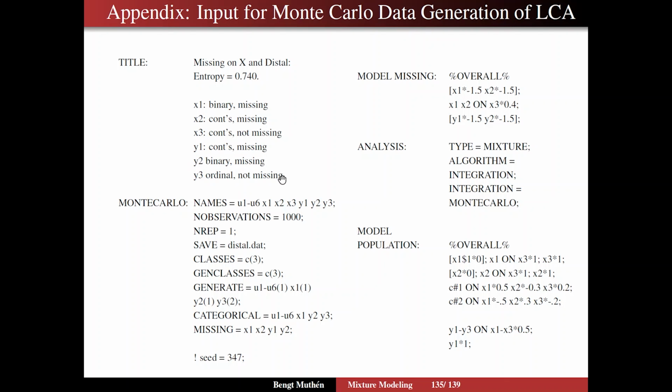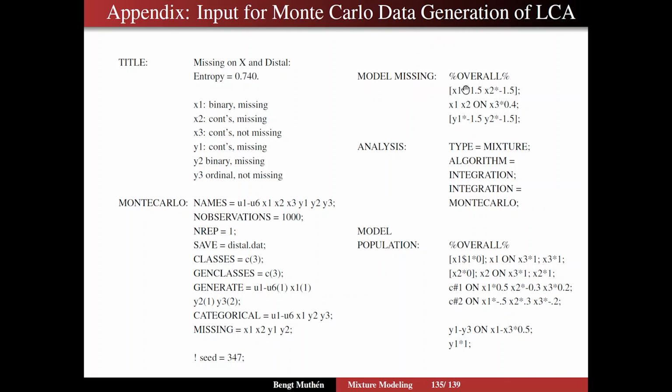Exactly what we have used in the main part of the talk. You generate 3 classes, and the categorical variables are binary, 1 threshold, except for y3, which has 2 thresholds. It's ordinal, 3 category. And you specify categorical variables here and which variables are missing.